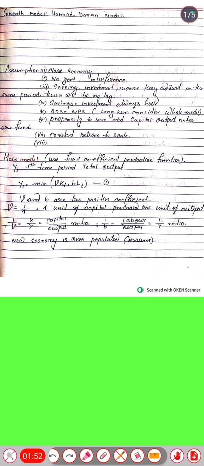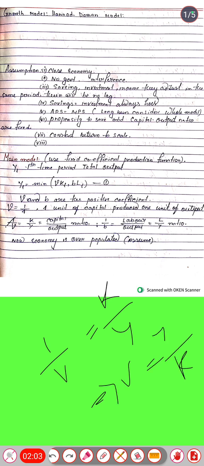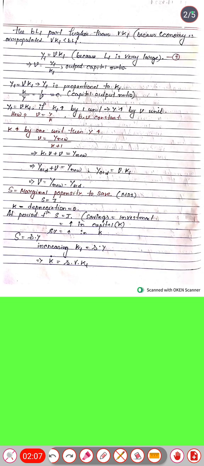From this line, 1 by v is equal to K by Y, or v is equal to Y by K. This is the output by capital.